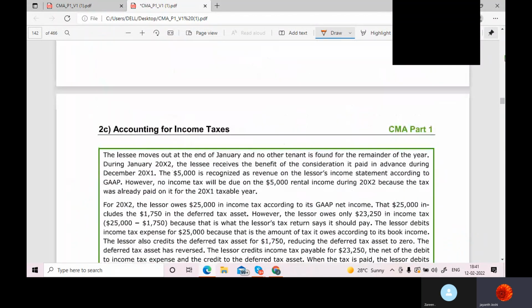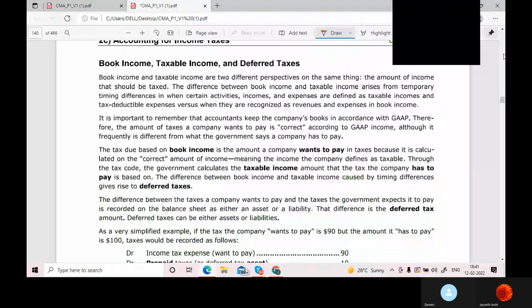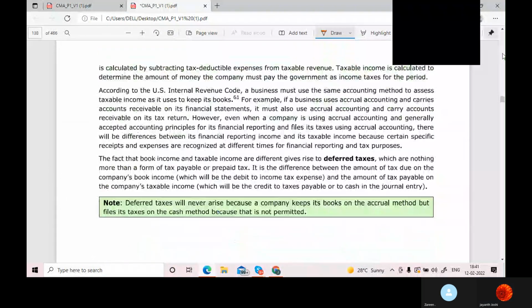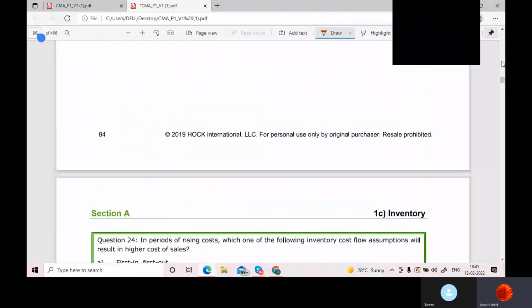So this is what we have done now, the recoverability test. So we have a question now. Why don't we solve that and just see the accounting entries.